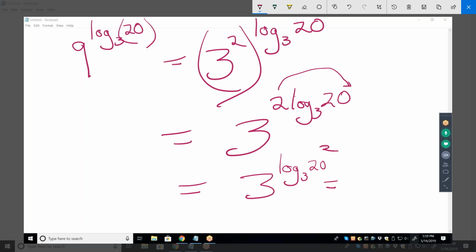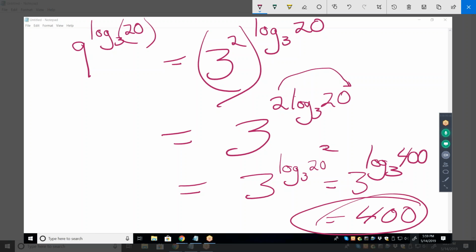That becomes 3 to the log base 3 of 400. What's that answer? 400. That's how you do it. In other words, you got to get those to be the same. Once you do, then you can basically cancel that, and whatever that is, is your answer.